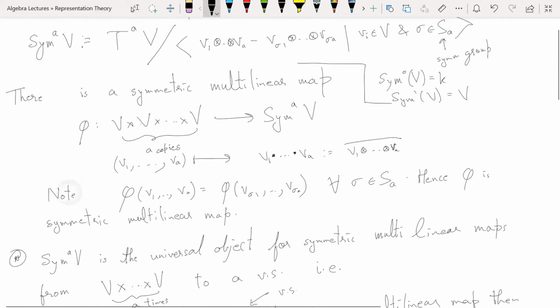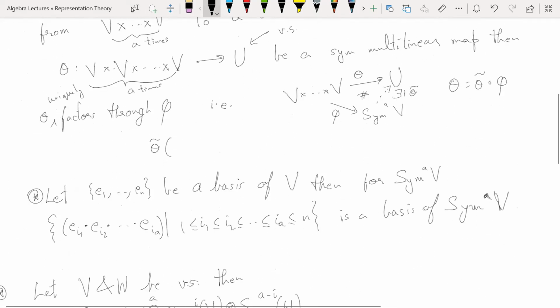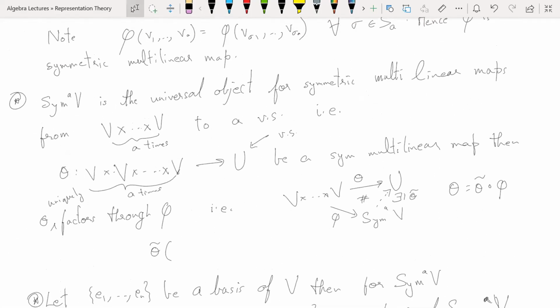A typical element is a quotient of this tensor power, sums of things like v1 to vA. But once we know where theta tilde takes these, then we will know the rest.